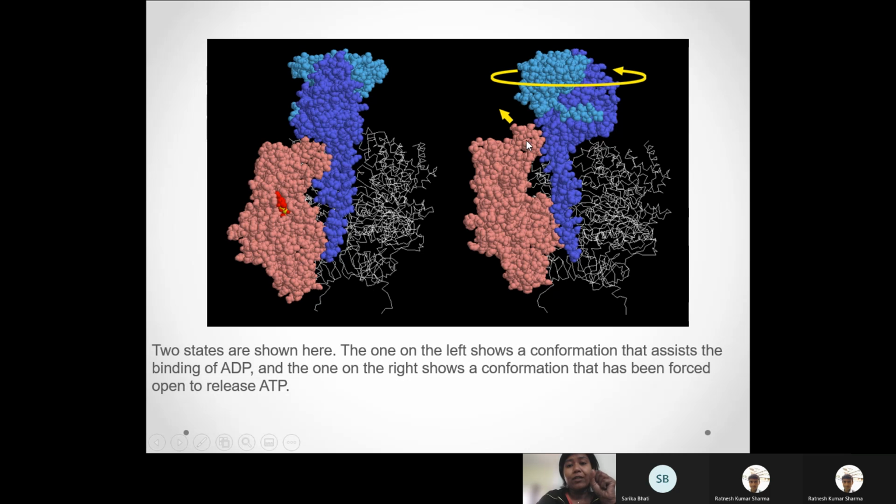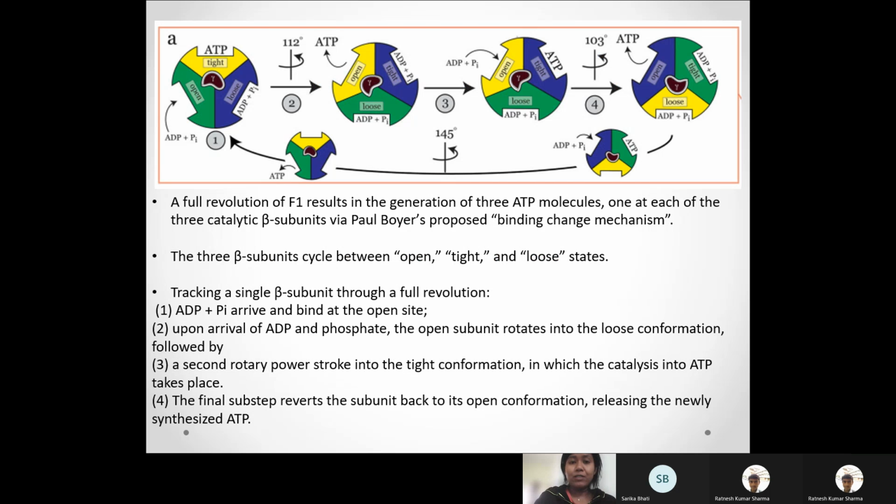And then you have the open state, and you can see the open state is favorable to releasing the ATP. It allows the opening up of the active site so that the ATP can now escape out. So there indeed is a physical change in conformation corresponding to this.